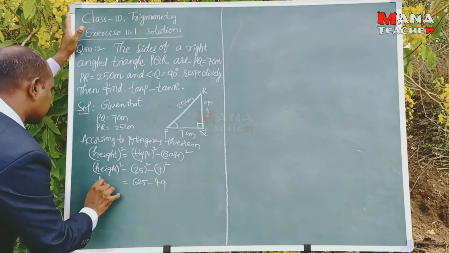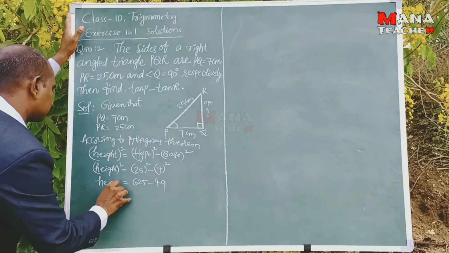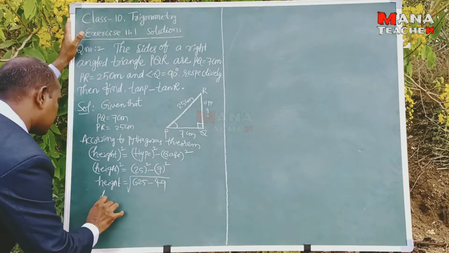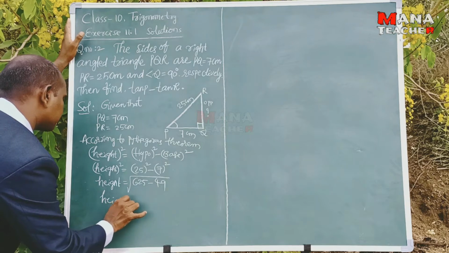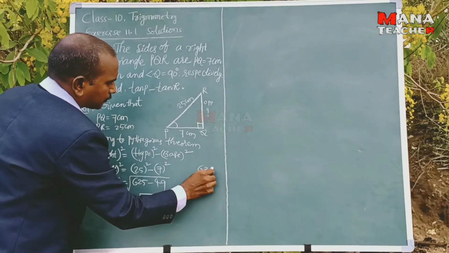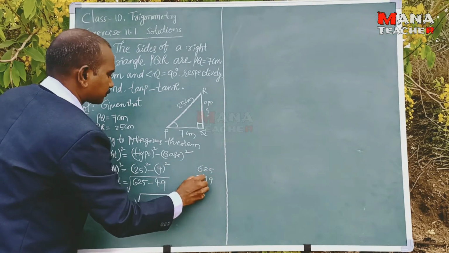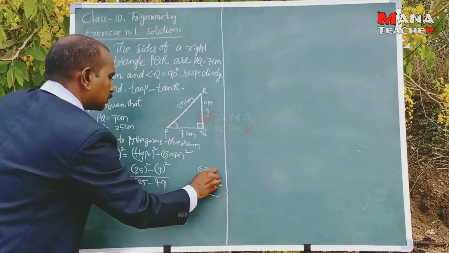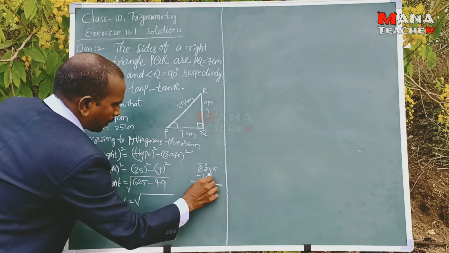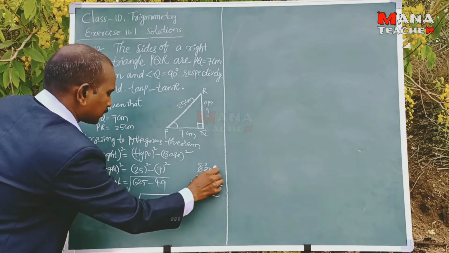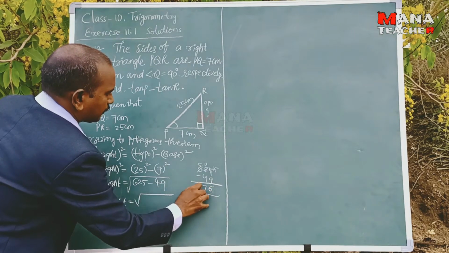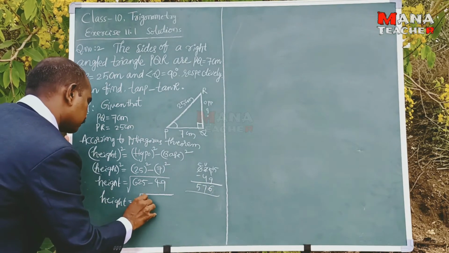Height equals under root of 625 minus 49, which is under root of 576.